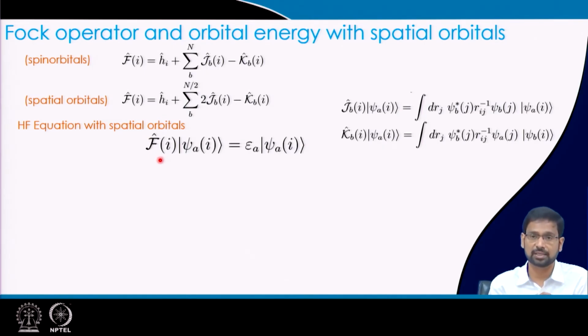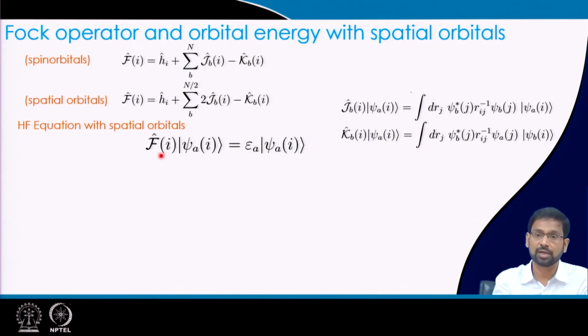We have to keep this in mind, because these are very special operators. The Fock operator, which is the sum of the one electron term and the Coulomb and exchange operators, all these actually depend on the orbitals whose solution they want to provide. Therefore, the operators themselves would change their form, as we have seen here. So, this is very important to keep in mind, how the operator is defined.